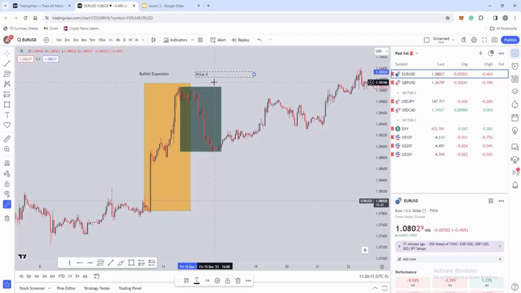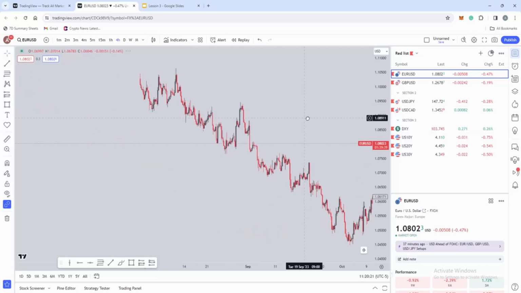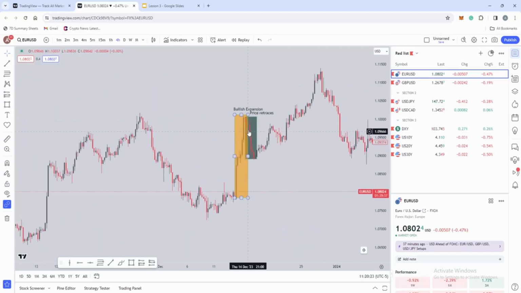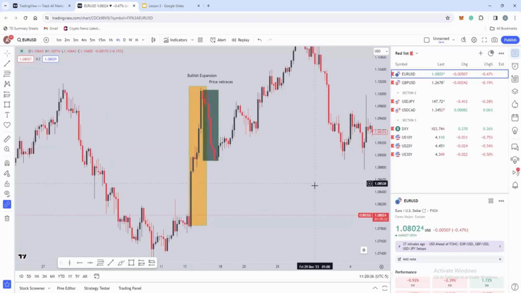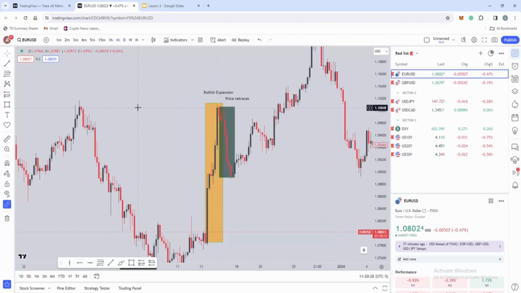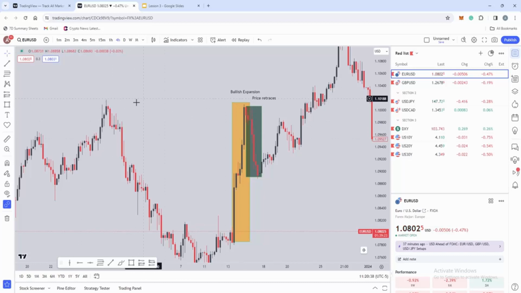Price retraces, and typically you can predict where the expansion is going to end. There's usually a reason for it. So let me just quickly check. So price, if you look to the left of the chart, and looking to the left of the chart literally means look to the left of the chart. Look to this side. What's going on here?